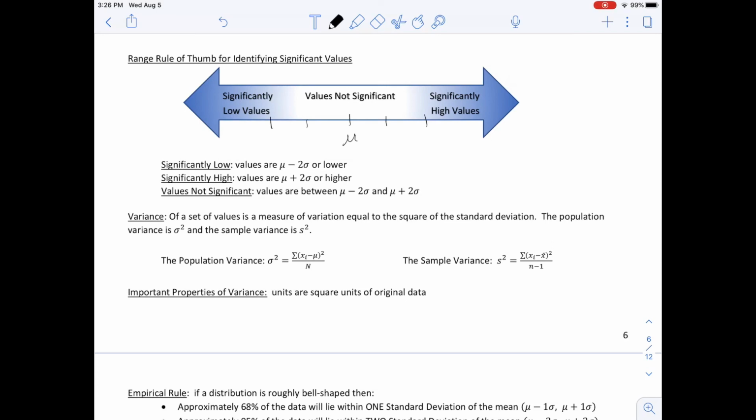And values that are not significant are going to be within the mean minus 2 standard deviations, and then the mean plus 2 standard deviations. Those values are not significant. Values that are significantly low are values that are smaller than mu minus 2 sigma, and values that are significantly high are values that are mu plus 2 sigma or larger.